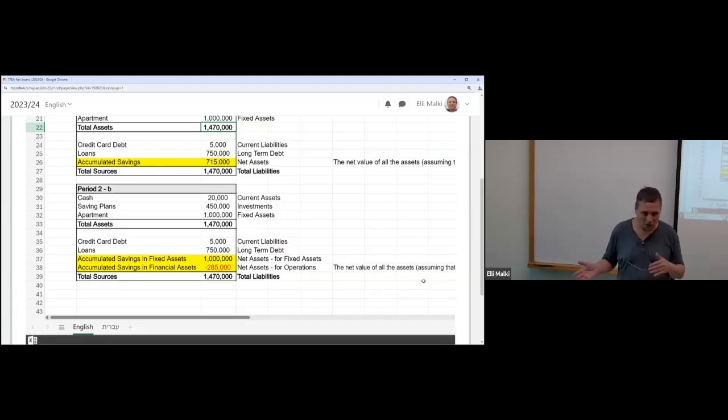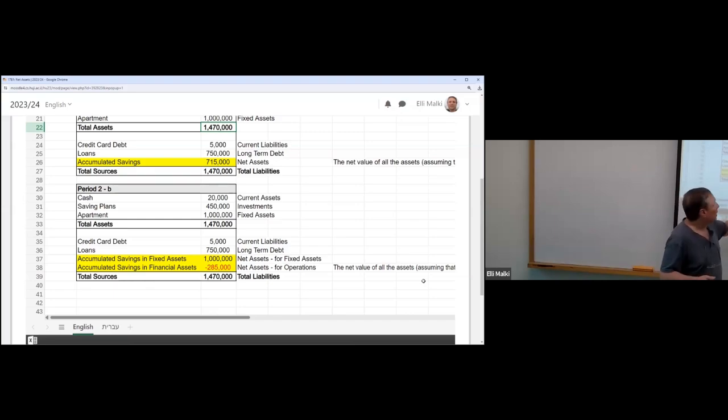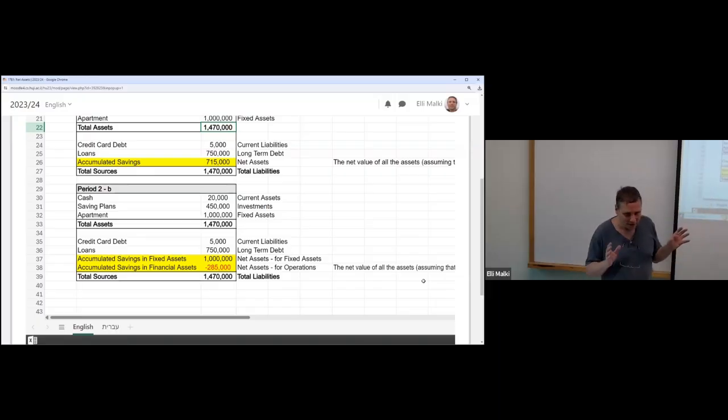Here in this case, it's not exactly a reserve, it's a deficit in my operating reserve. Basically it means that in my regular operation, I do not have enough financial assets to cover all my obligations. And this is a very important figure in assessing the stability or vulnerability of a nonprofit.